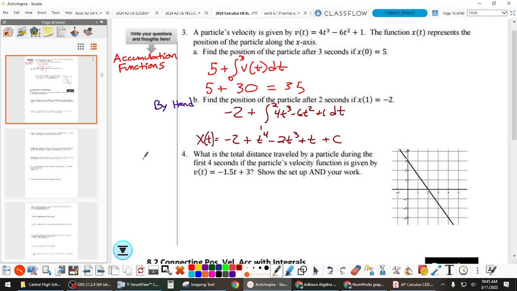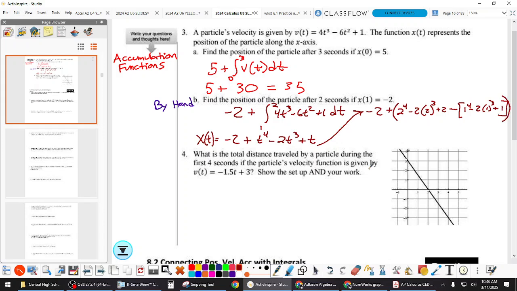Okay, so how do we find c in this one? Or do we have to? I wrote a c, I shouldn't have. Because we had a definite integral. So never mind. This is going to be a lot of space. So negative 2 plus okay, so lots of little stuff.